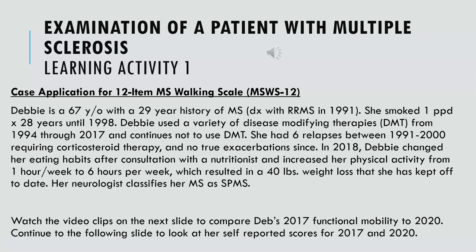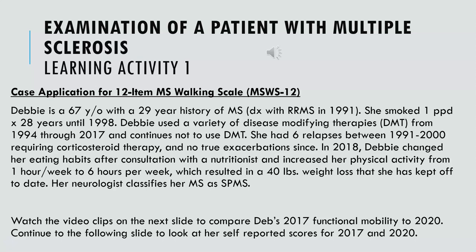Just a little information on her relapse history. She had 6 relapses between 1991 and 2000, which required IV steroid therapy, but she really has not had any true exacerbations since that time in 2000. In 2018, she decided to consult with a nutritionist, and she changed her eating habits fairly drastically and also increased her physical activity.